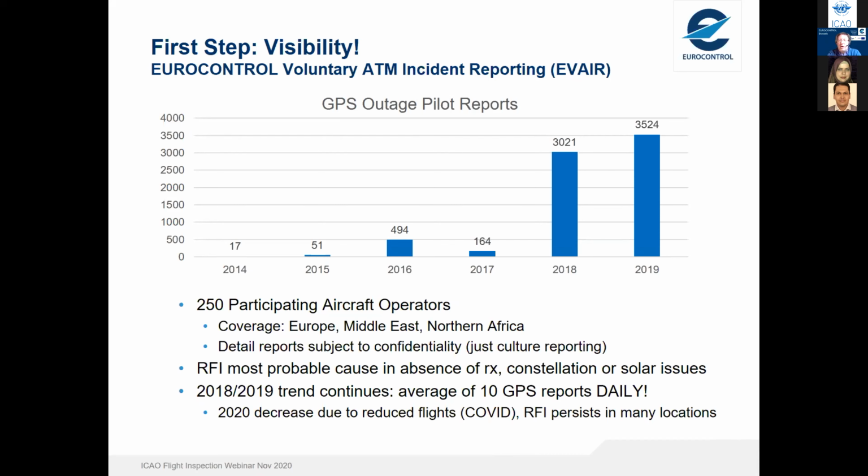Given a calm ionosphere and no problems with the constellation, that really means that this is most likely RFI. That went up until February 2020 and when COVID happened, but even now we still get isolated reports. And we would say that on average, it's about down to 1 report a day, which is quite significant given that traffic is down so much.